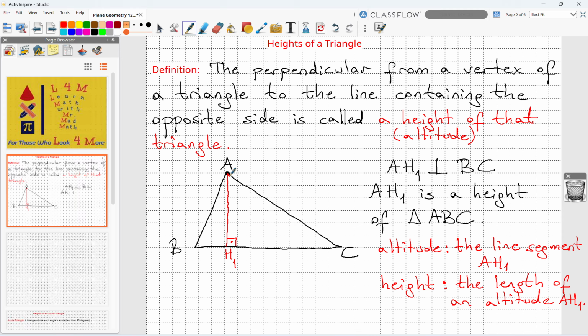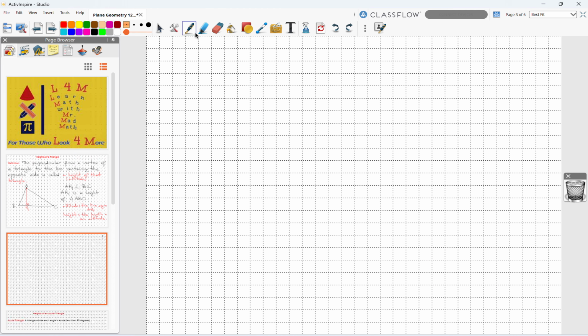Since we have three vertices and for each vertex we have an opposite side, I can draw three heights for a triangle. So let's write it. A triangle has three sides, three heights.